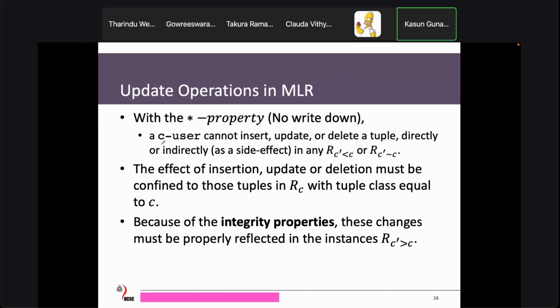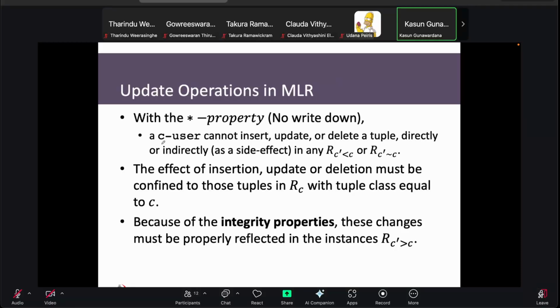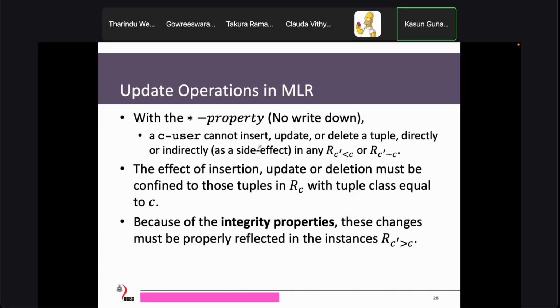A C user, which means a user with confidential level, cannot insert, update, or delete a tuple directly or indirectly in any instance RC dash where C dash is lower than C or incomparable to C. So you cannot write data that can be read by lower level users or incomparable level users.